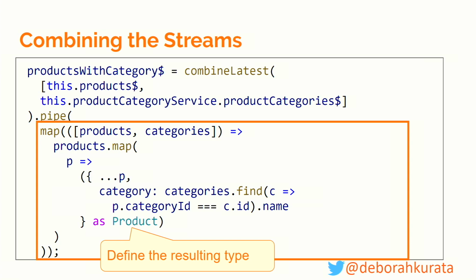So by saying as product, as it's mapping each of these products in the product array, you will end up emitting from this whole thing an observable that emits a product array, which is what your component is expecting to get. But now it just has an additional property. Is that making sense? Okay.